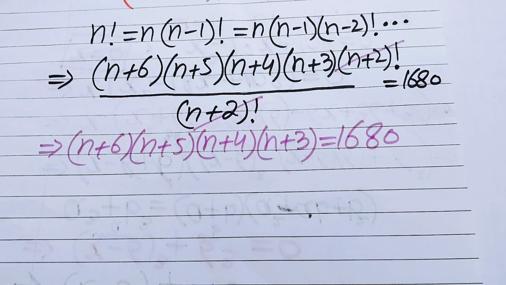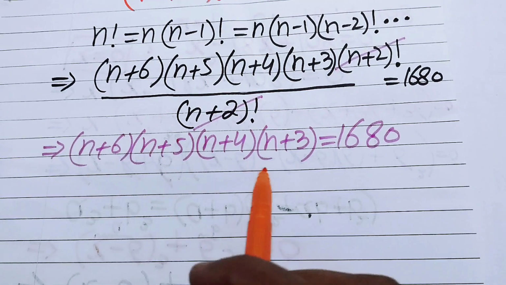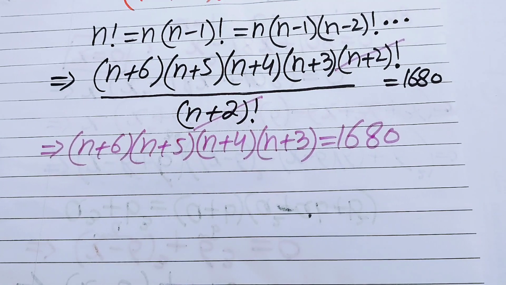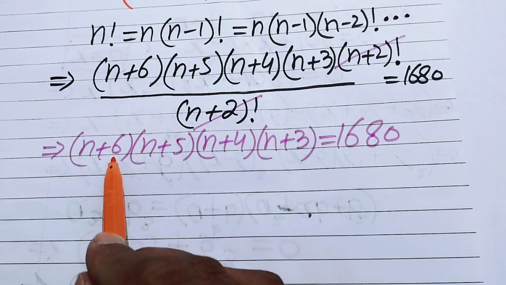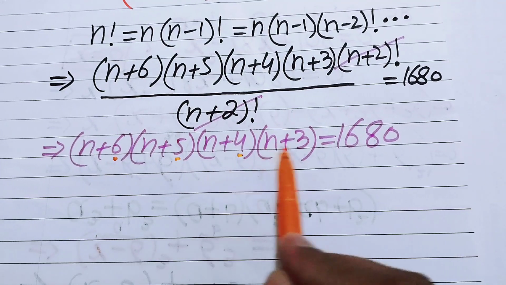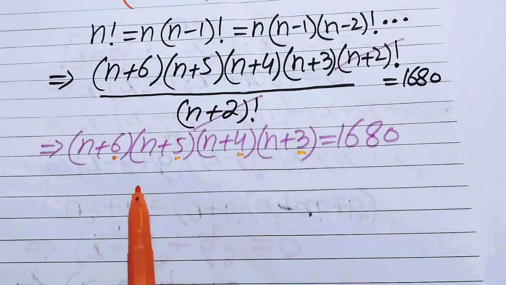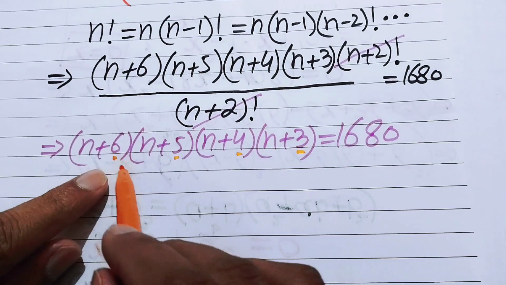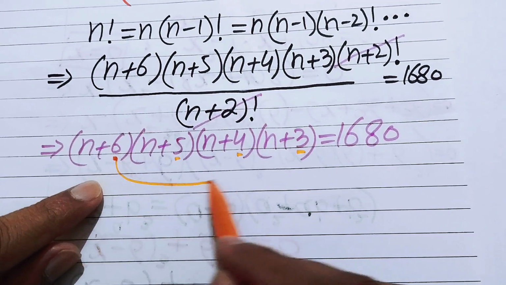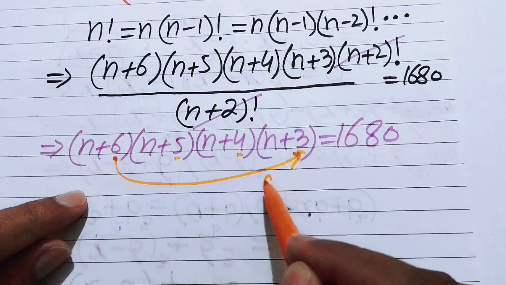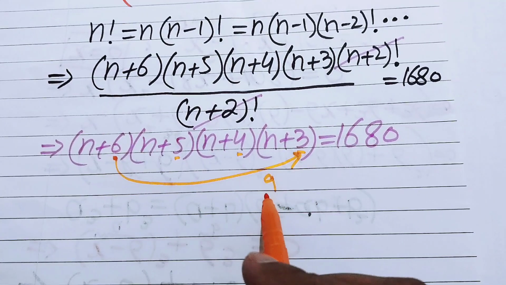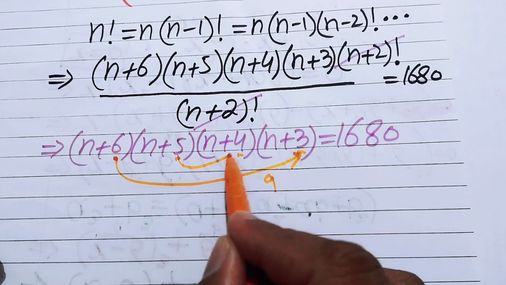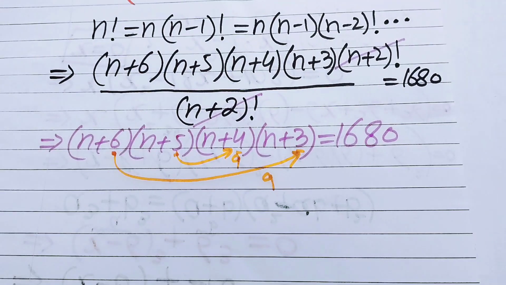And in the next step we will use a nice important fact, and you know about this fact. According to this fact we will first rearrange all these factors in this way. If you add the constants of any two factors, they become the same answer. You see that if you add 6 plus 3, you will get 9, and when you add 5 plus 4, you will again get 9.